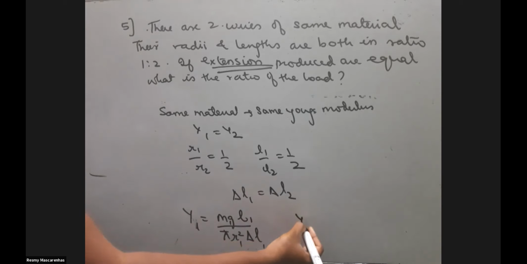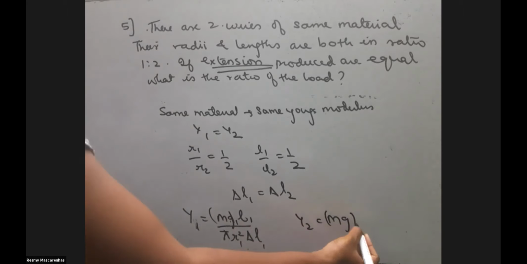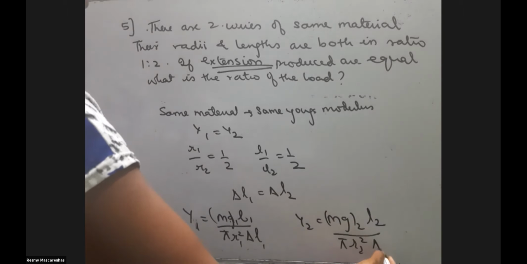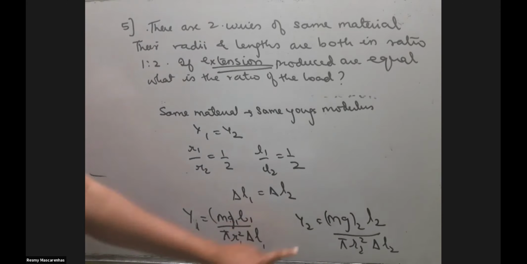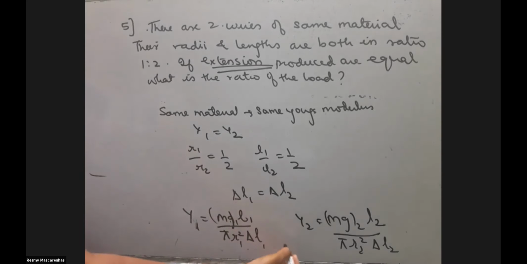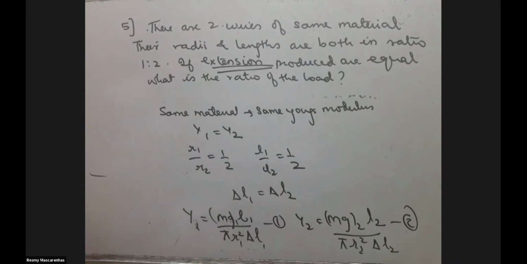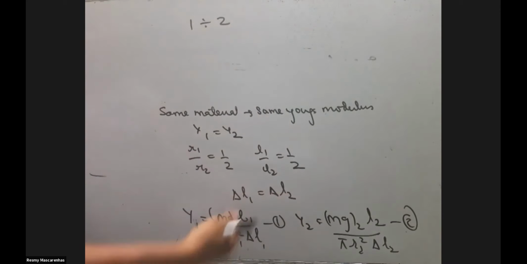Same way y2 will be, can take it as mg2, whole load, L2 upon pi r2 square, everywhere we'll put 2 for the second wire. This is formula for first wire, this is formula for second. What you can do is just divide y1 upon y2. Equation 1 you divide by equation 2. Or 2 upon 1 also you can do, no problem.